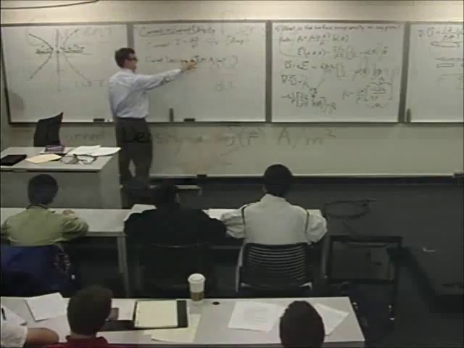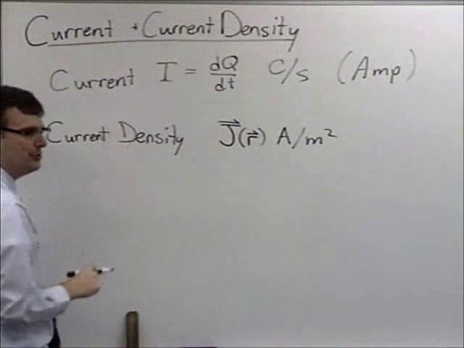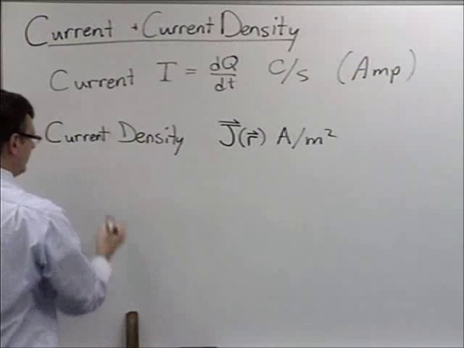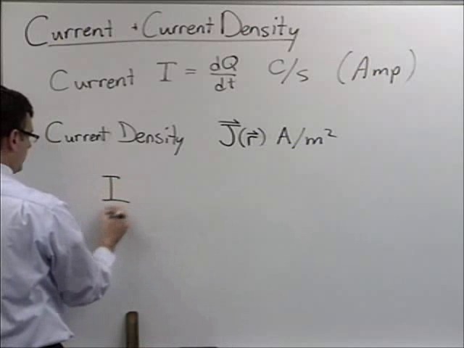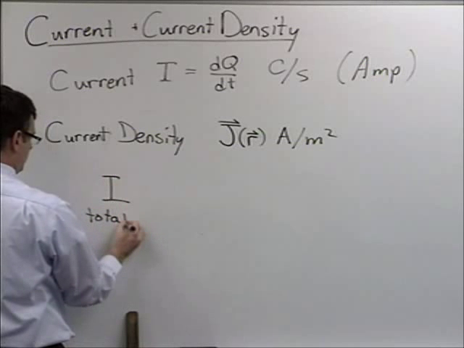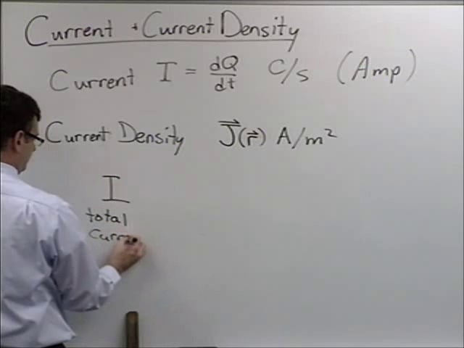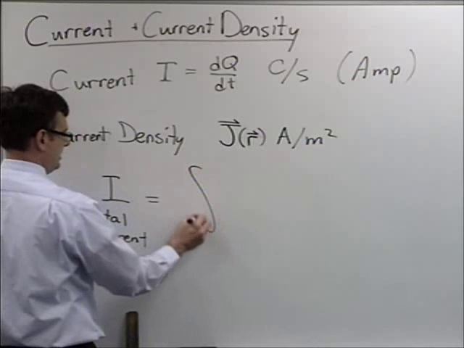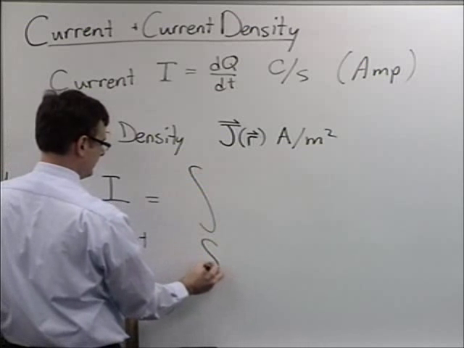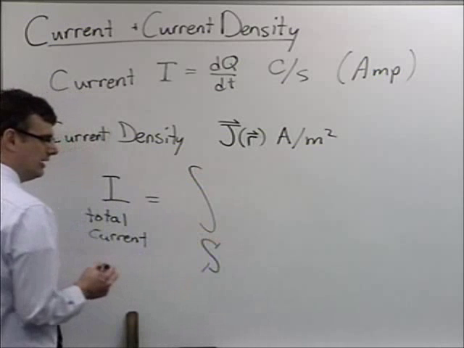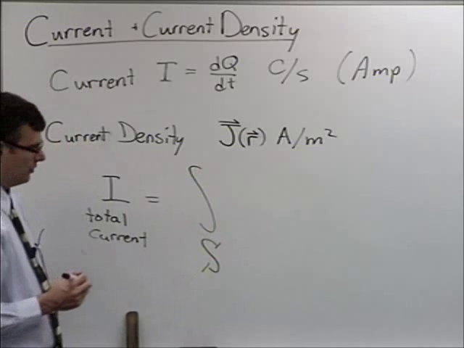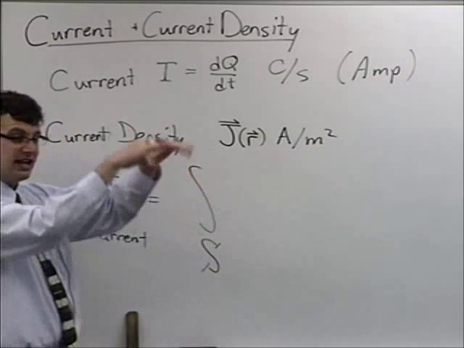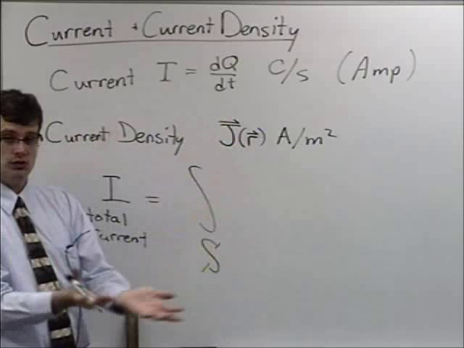If you ever want to collapse this down to the kind of I that you would find in a circuit, you can always get total current by taking what looks to be a surface integral, very similar to the kind of integrals we looked at in Gauss's law. We take a surface, and it does not have to be, in this case, an enclosed surface.